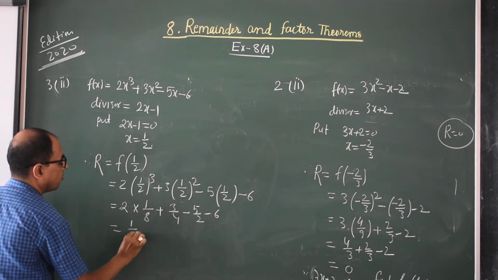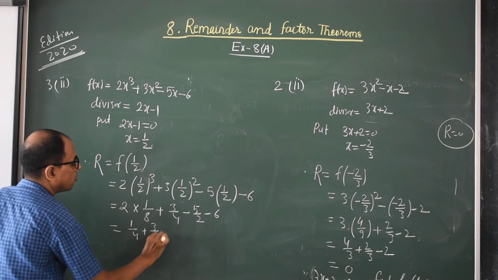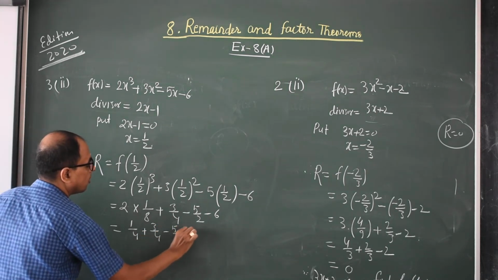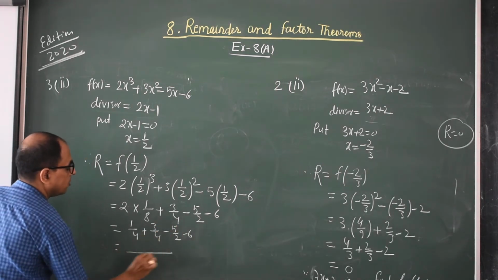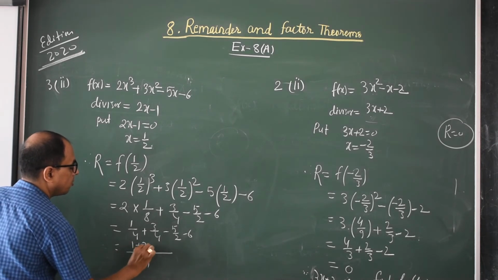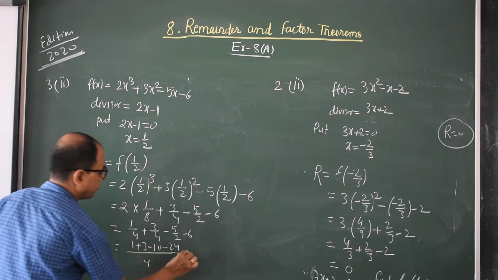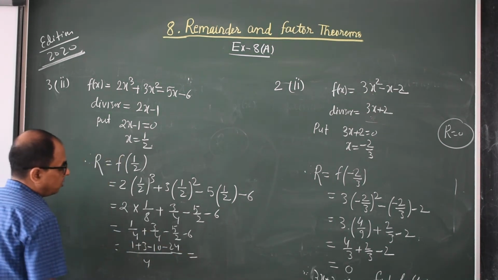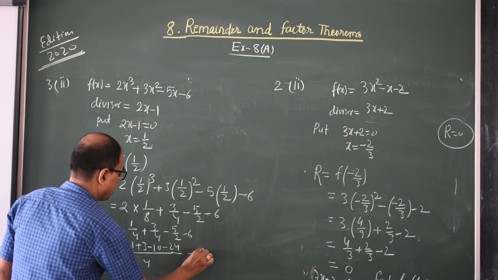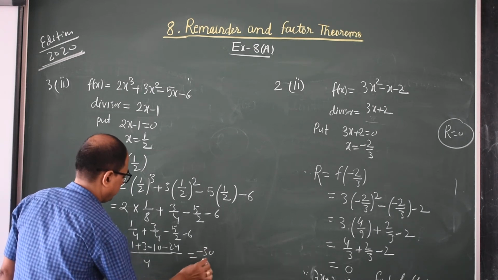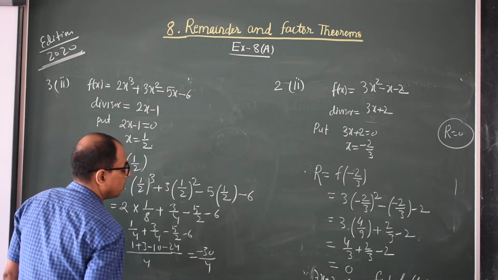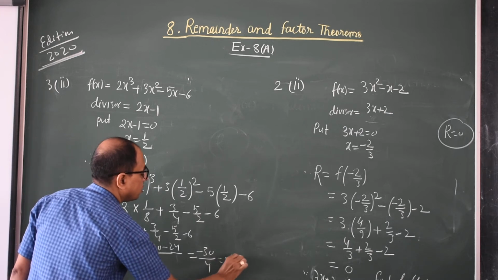It will be 1 by 4 plus 3 by 4 minus 5 by 2 minus 6. So LCM is 4: 1 plus 3 minus 10 minus 24. So it will be minus 30 by 4, so minus 15 by 2.